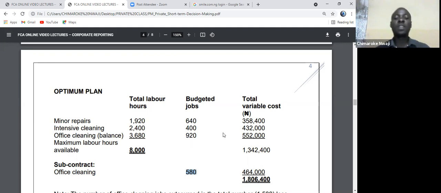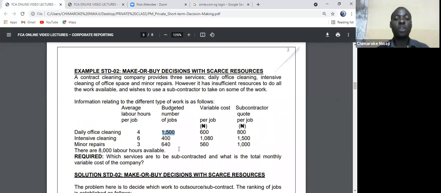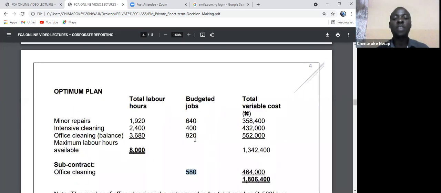Okay, so what is the variable cost here? If you are doing these 920 jobs yourself, variable cost is 600 naira. 600 times 920 gives you 552,000. Let me confirm with my calculator. 920 times 600, yes, 552,000.